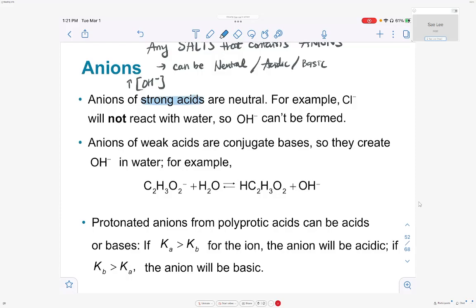Any anions of strong acids are neutral. This means these anions will not react with water, so no hydroxide is produced because there's no reaction with water. For example, chloride ion. This anion is a conjugate base of hydrochloric acid.